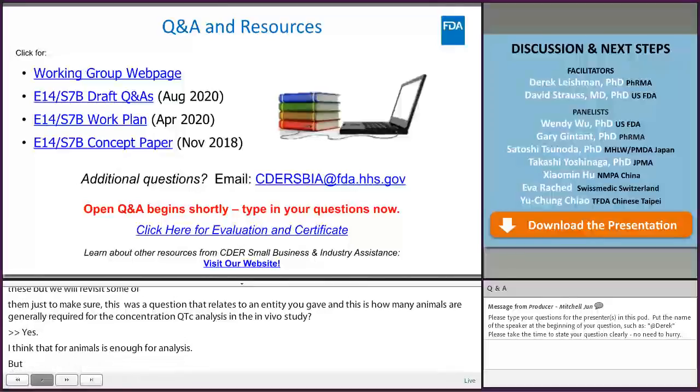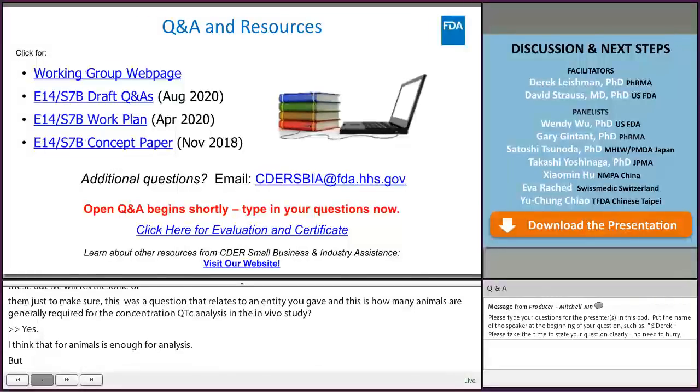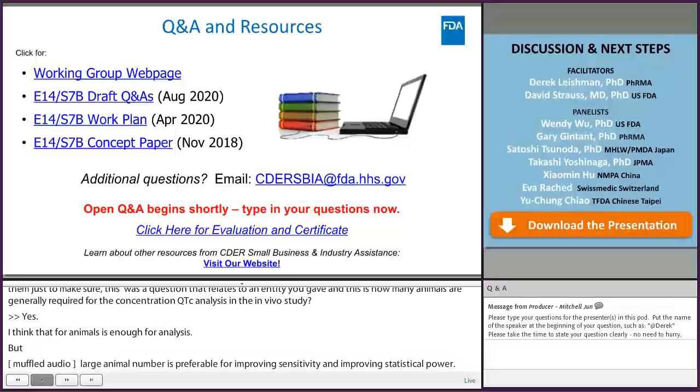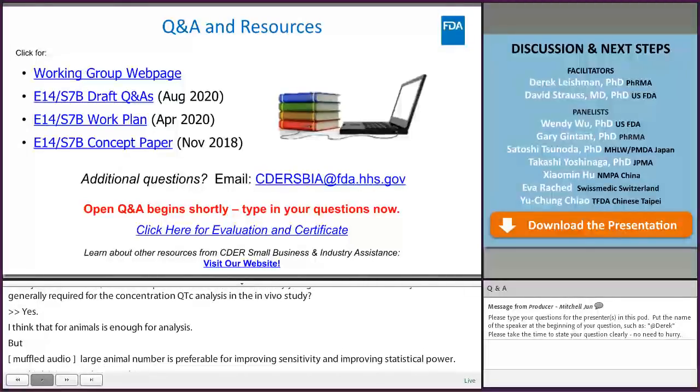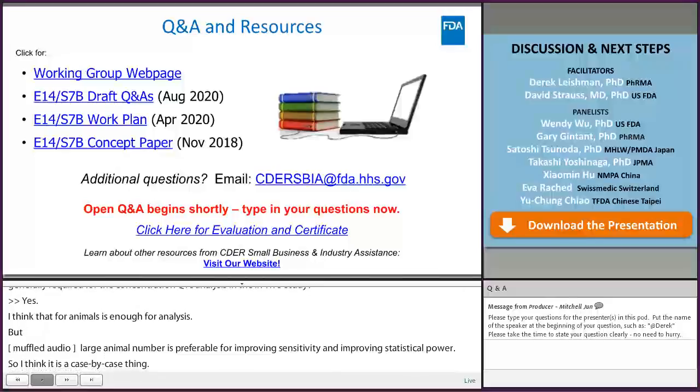So I think it is case by case. It depends on the assay sensitivity of each facility. Thank you. I think that provides some extra clarity to the answer that we gave earlier.